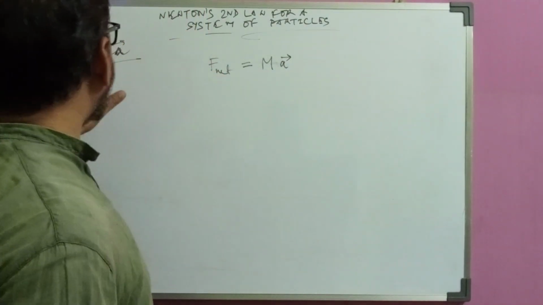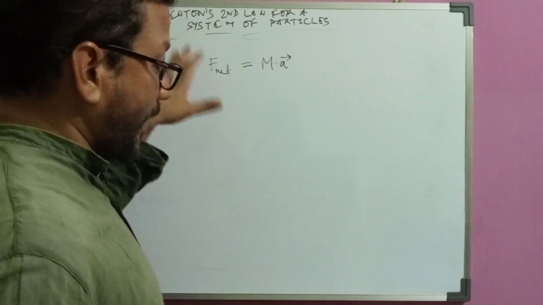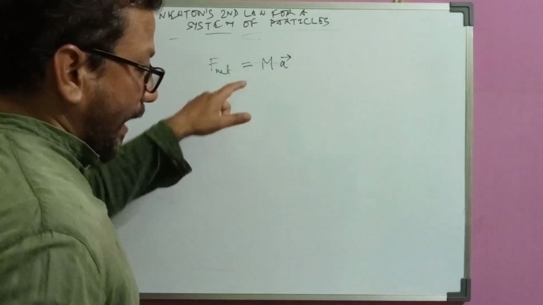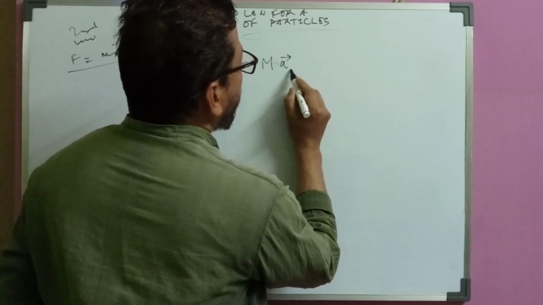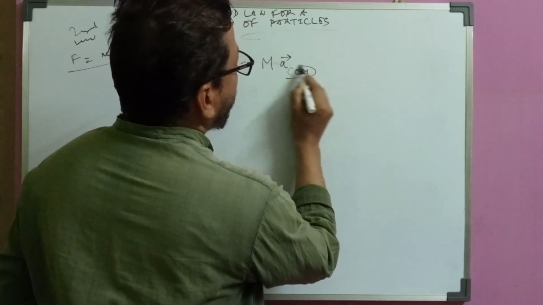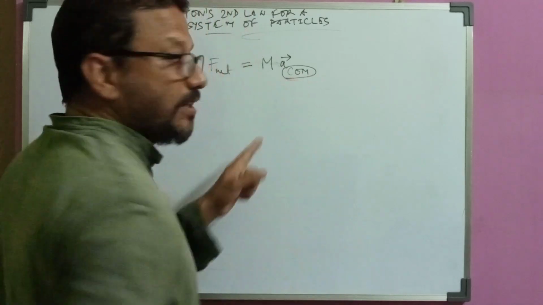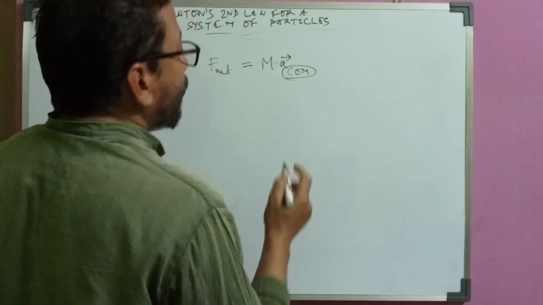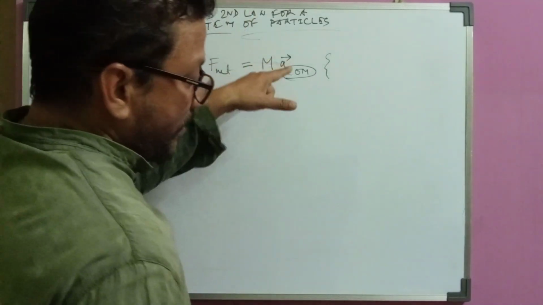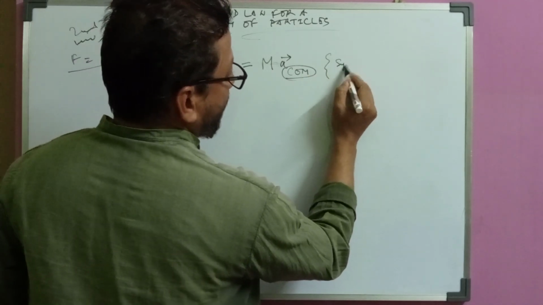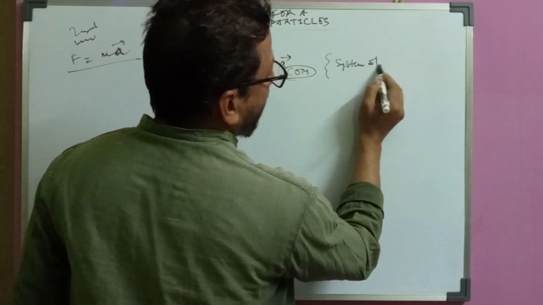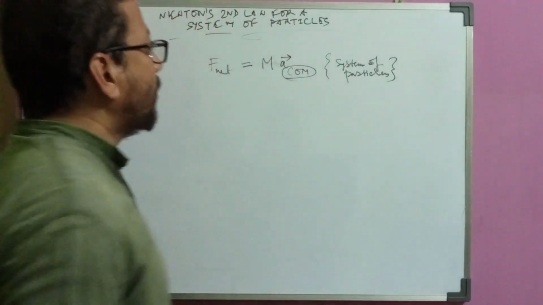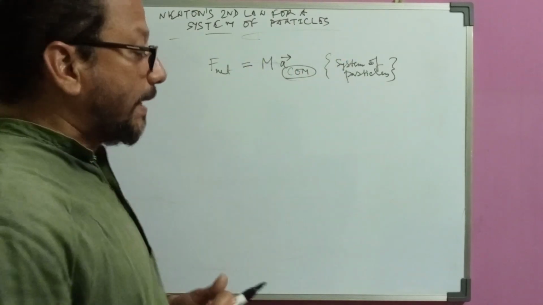We just learned that F is equal to ma, and here we will learn this F net, along with the acceleration. You can write it according to yourself. This will be for the system of particles.